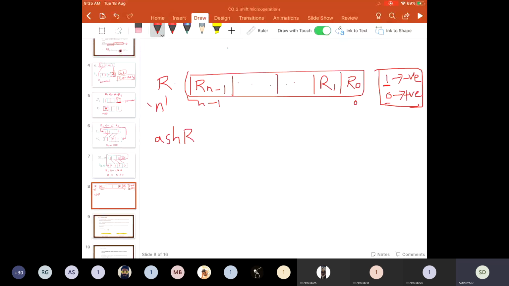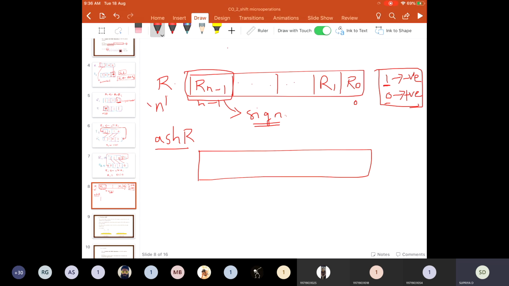So here Rn-1 represents the sign of a number. When we are performing arithmetic shift right, this sign bit remains unchanged. That means it will be Rn-1 only.